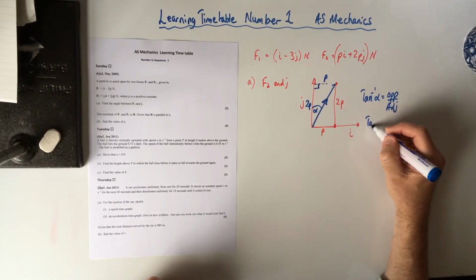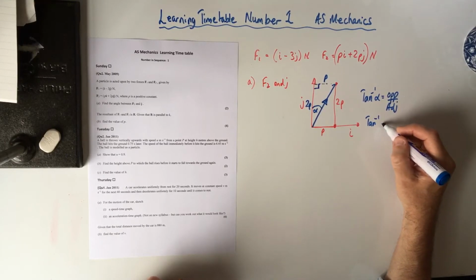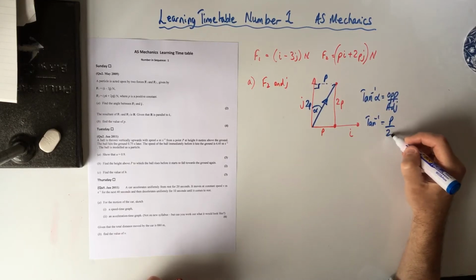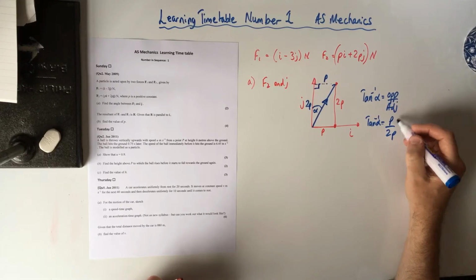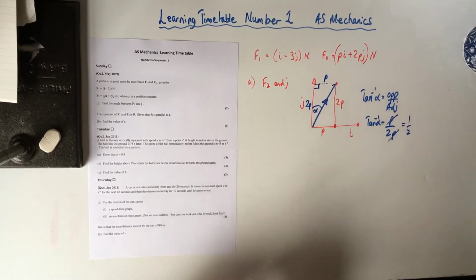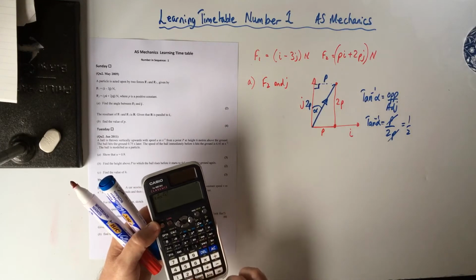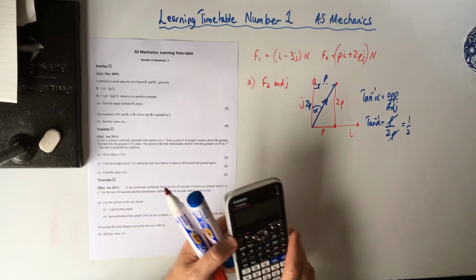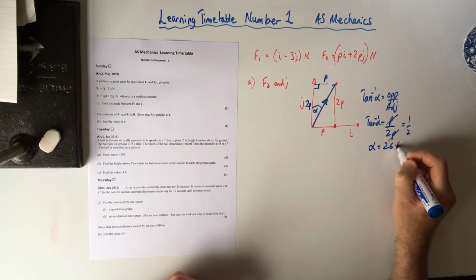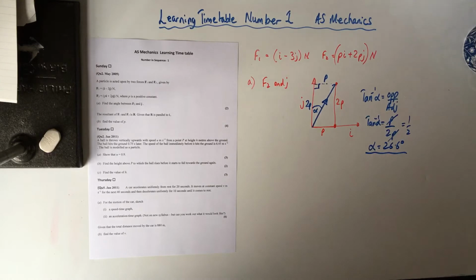That's p over 2p, the p's cancel, leaving a half, so we want the inverse tan of a half. On the calculator, shift tan 0.5 equals 26.6 rounded off, so alpha must be 26.6 degrees, which looks correct to me.